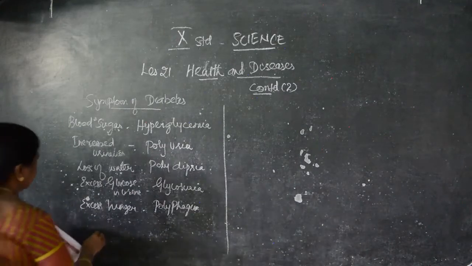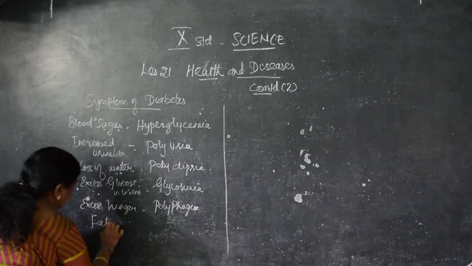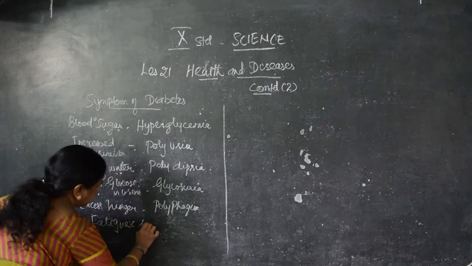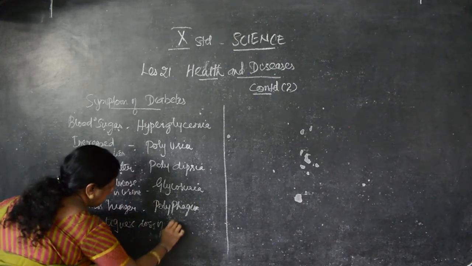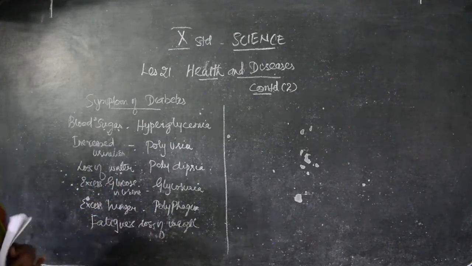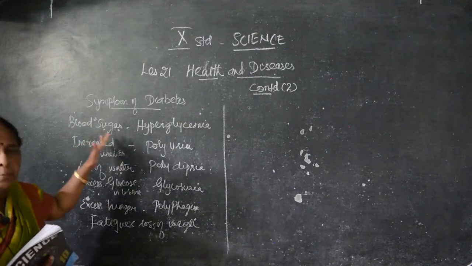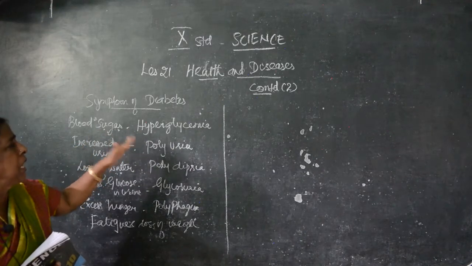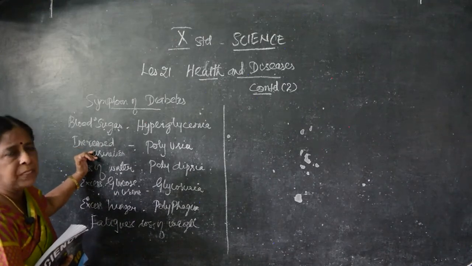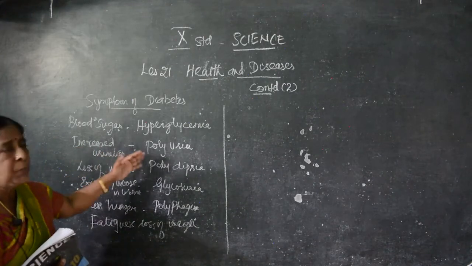And the last one, fatigue and loss of weight. These are the symptoms of diabetes. Blood sugar increased is hyperglycemia. Increased urination, heavy output of urine, is polyuria.